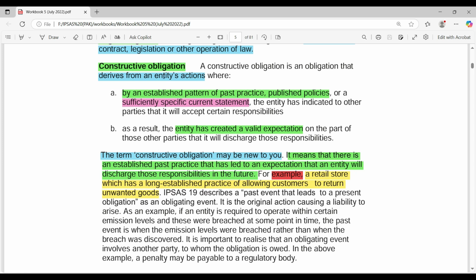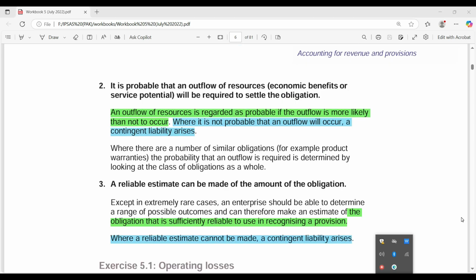See the example of constructive obligations. A retail store which has a long established practice of allowing customers to return unwanted goods. Basically, the return of unwanted goods is the constructive obligation. Here is an important step that differentiates between contingent liabilities and provisions. If there is a greater chance that an outflow is likely to occur, then you have to fix a provision for that.